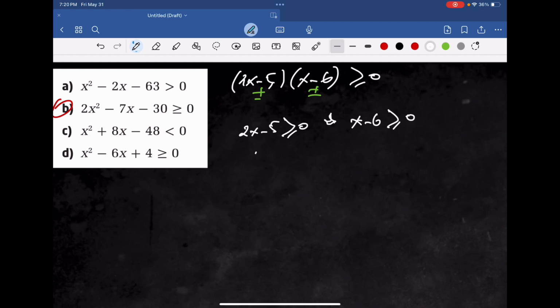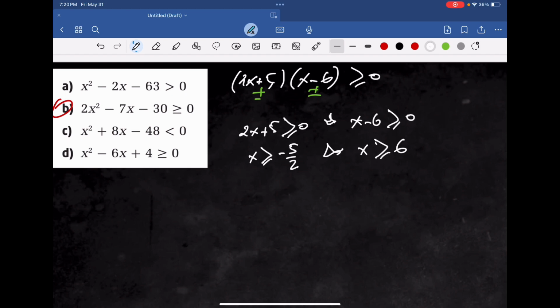That means x is greater or equal than minus 5 over 2 and x is greater or equal than 6.